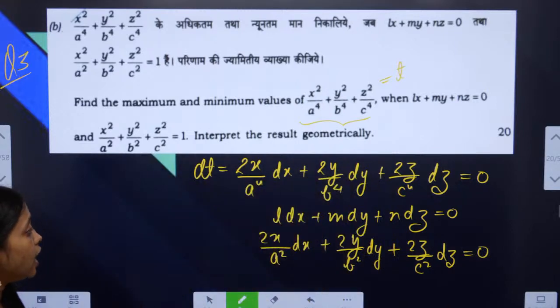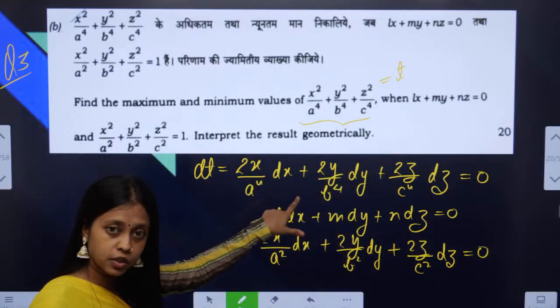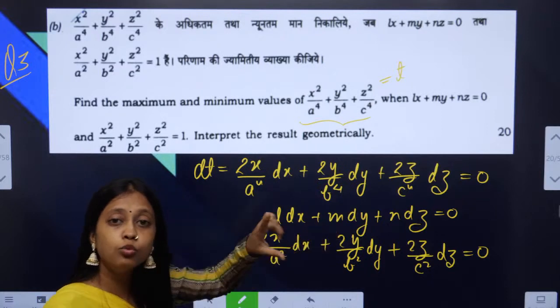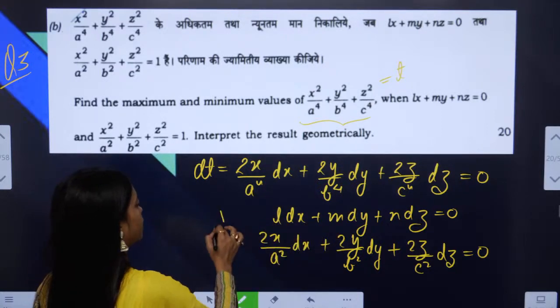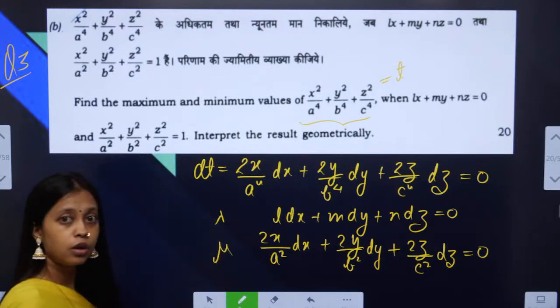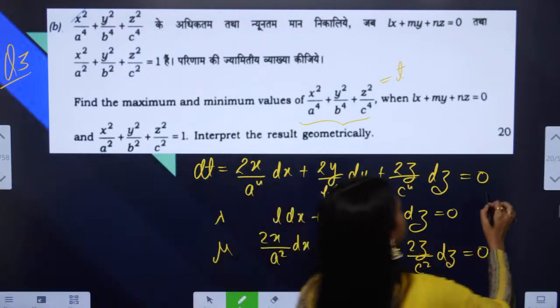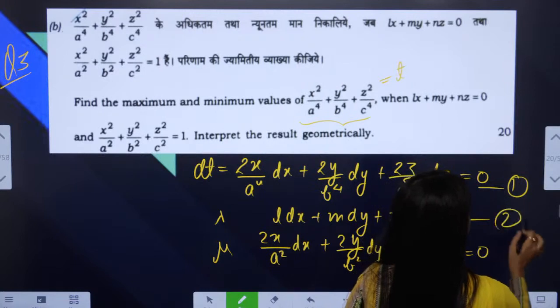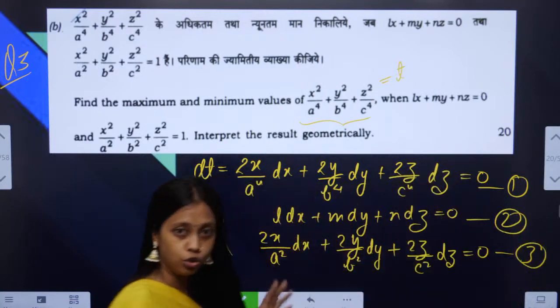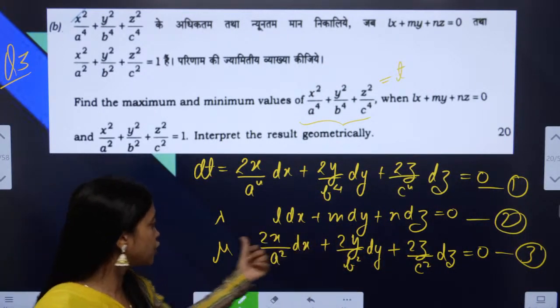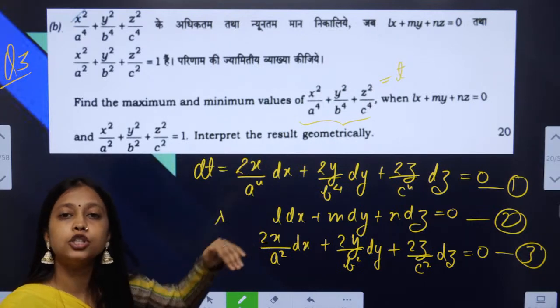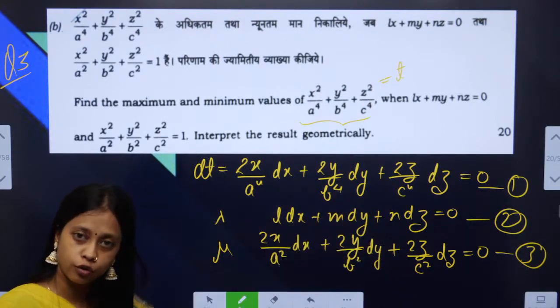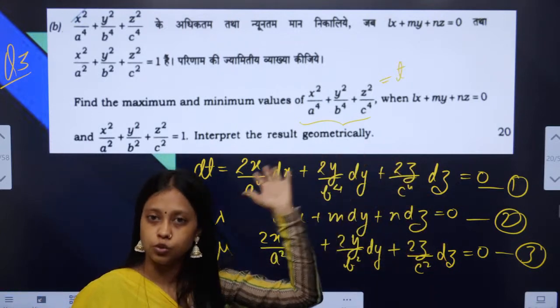Right. Now, you have to minimize this. These are the two constraints, so you multiply them with constants, let them be lambda and mu. Multiply the first expression with 1, second expression with lambda, third expression with mu, add them, equate the coefficient of dx to 0, equate the coefficient of dy to 0, equate the coefficient of dz to 0.